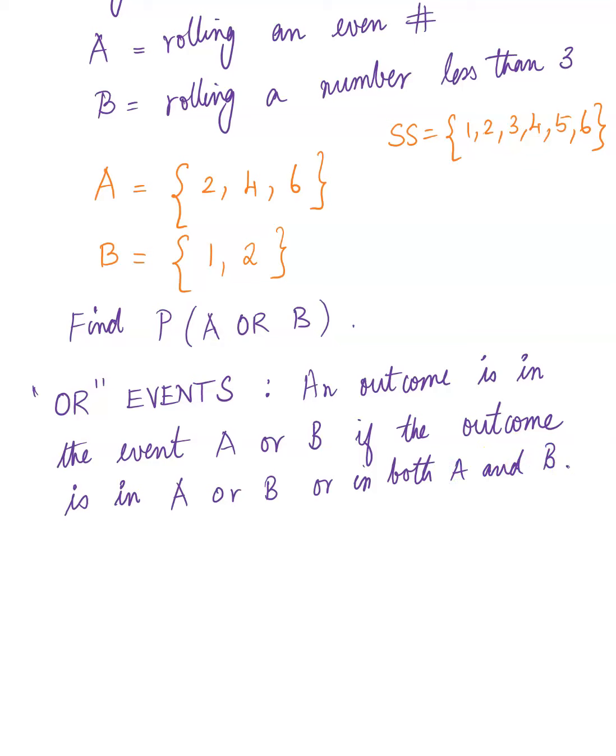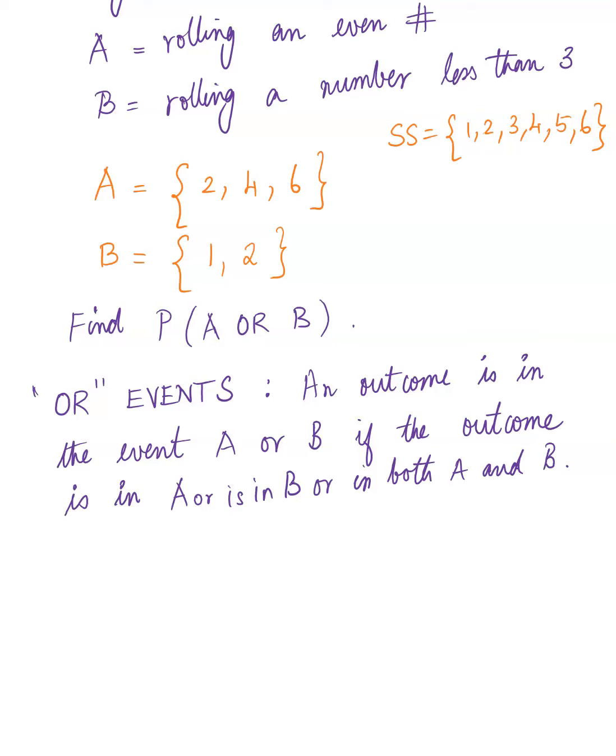Let's read this. An outcome is in the event A or B if the outcome is in A or is in B. Let me write that a little more defined. So you can find that outcome happening in A, or you can find that outcome happening in B, or that outcome could be common to both A and B. That's what this means.